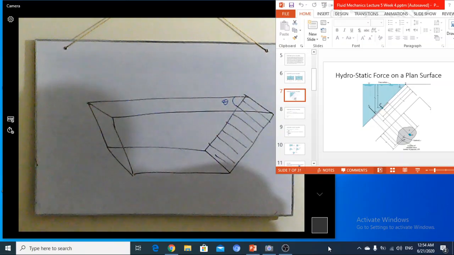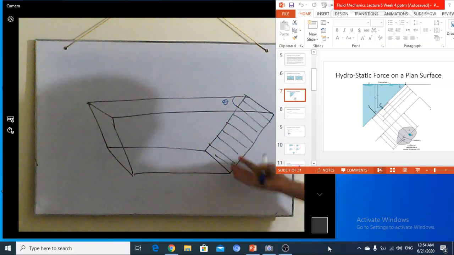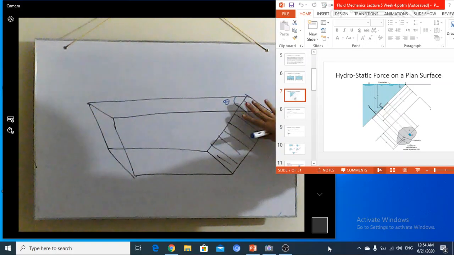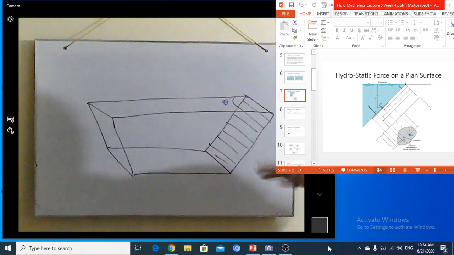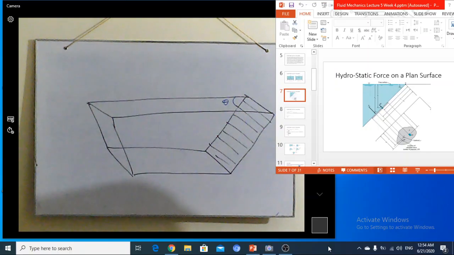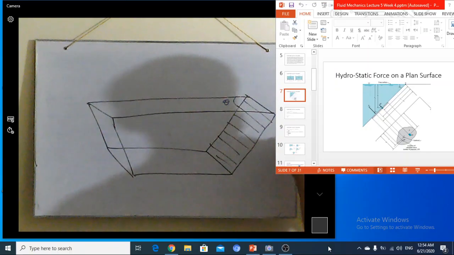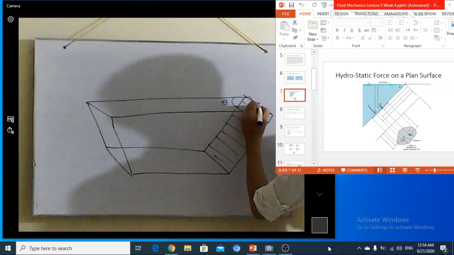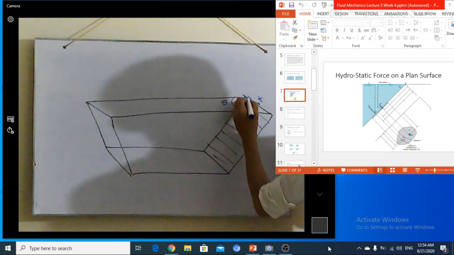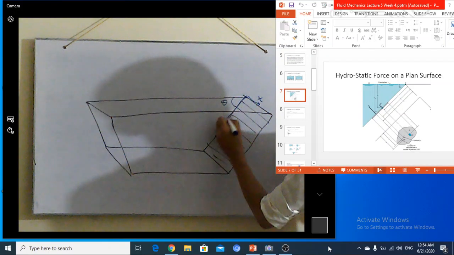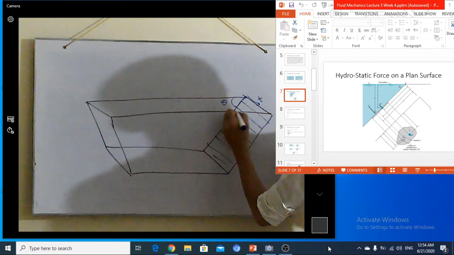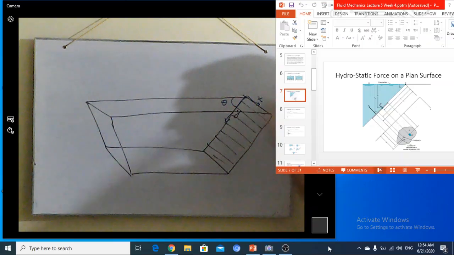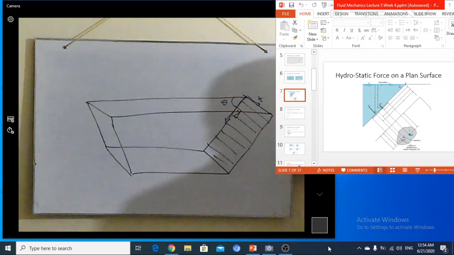So what we have done is, this is the 3D diagram, but we reduce this plane surface to 2 dimensions in such a manner that I name this axis as an x-axis and this axis as a y-axis, which makes an angle with the horizontal surface.